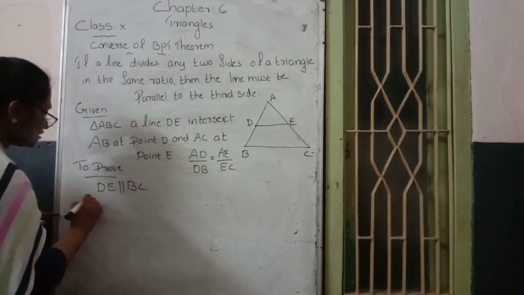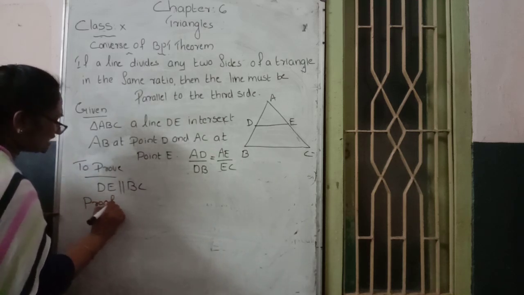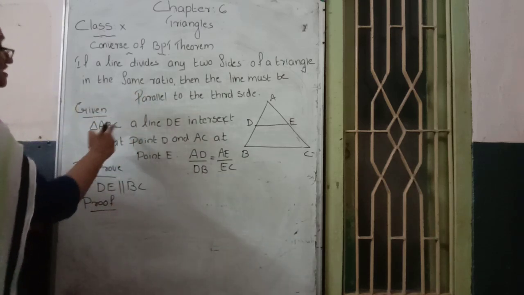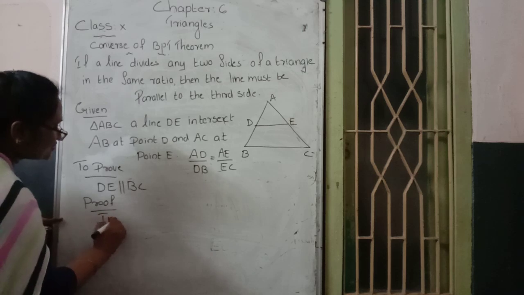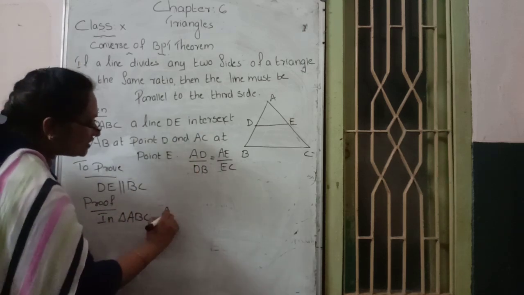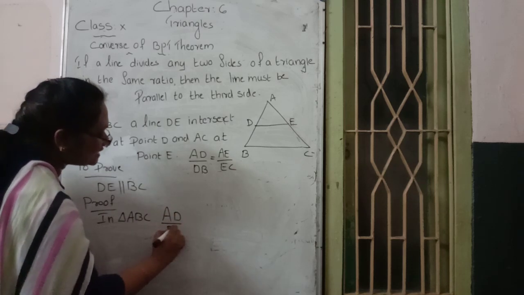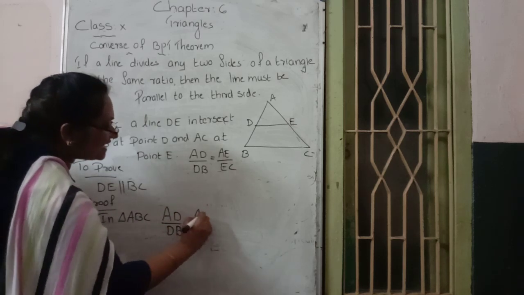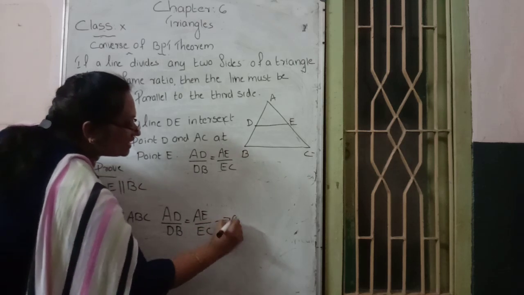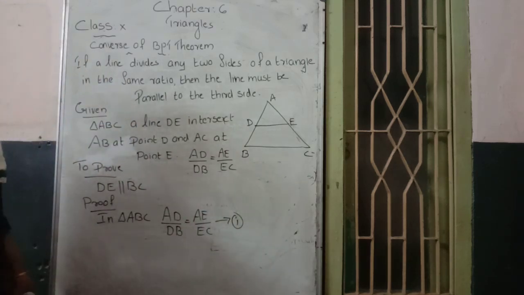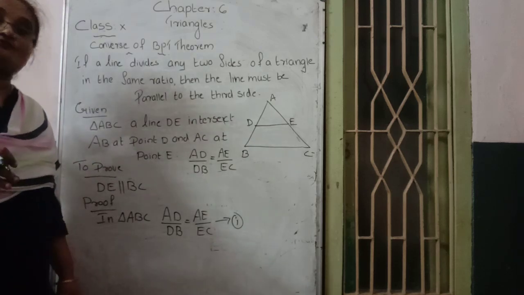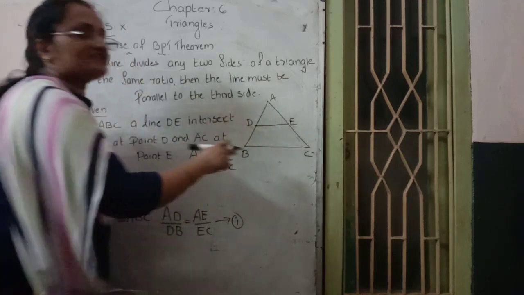Next step, the proof. How do we prove it? First, the given information: in triangle ABC, it is divided in equal ratio, AD by DB equals AE by EC. Mark this as equation 1. Our aim is to show that DE is parallel to BC.